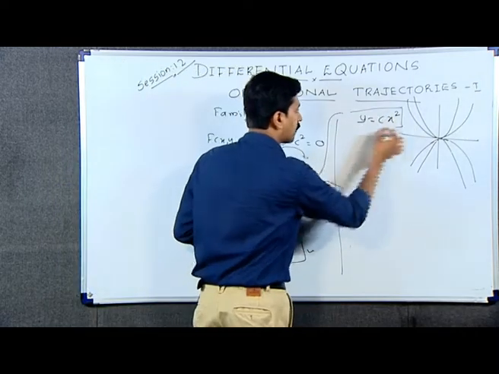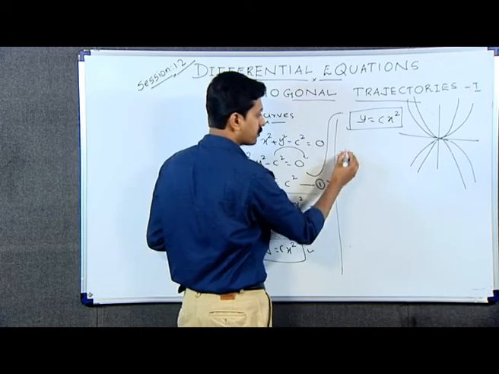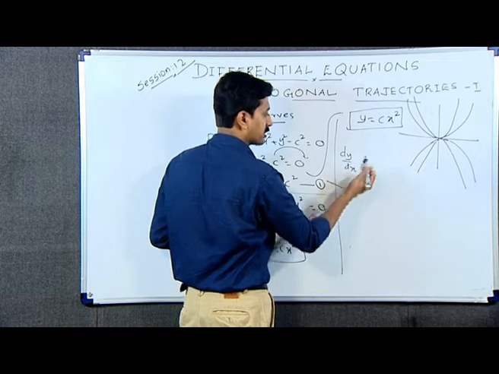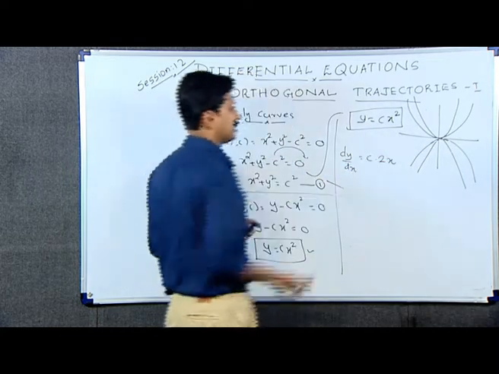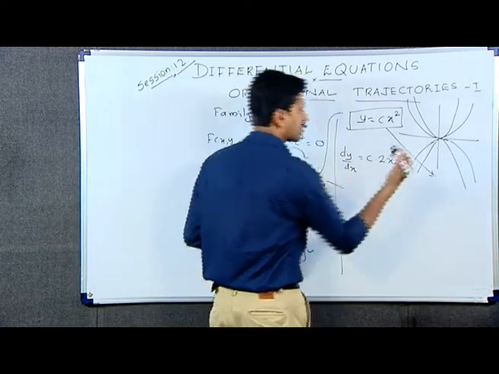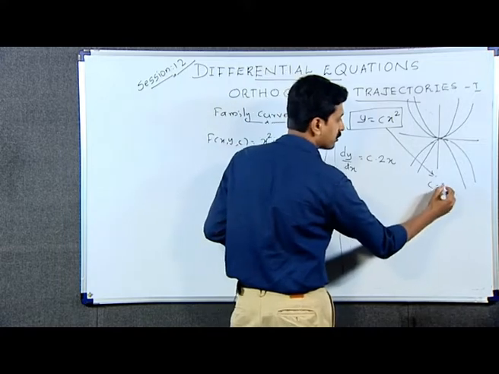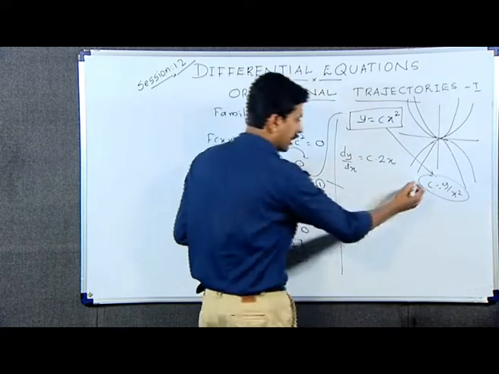What will happen after differentiating? On both sides we have dy by dx equal to c into the derivative of x square, which is 2x. From the equation of the parabola, we have c equal to y by x square. Replace the value of c here.